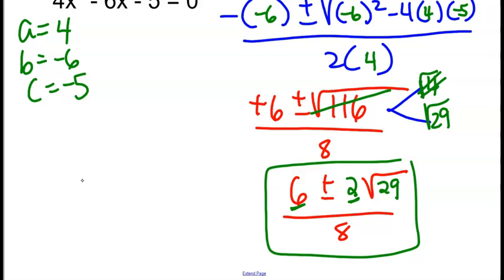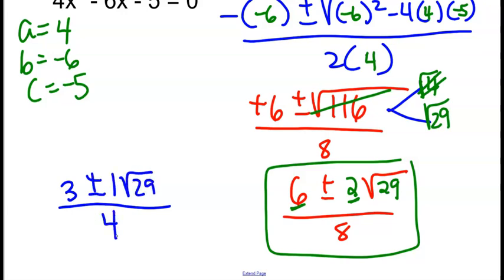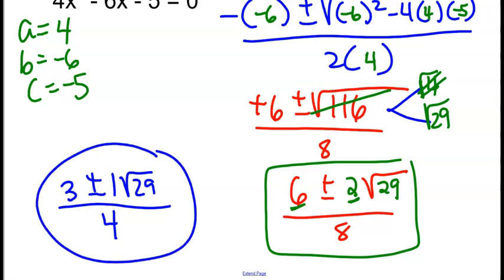So I can use 2 here, which would give me 3 plus or minus 1, and the 8 would be reduced to 4. And this is the final solution. And that is how you find the exact value of x when you're solving a quadratic equation.